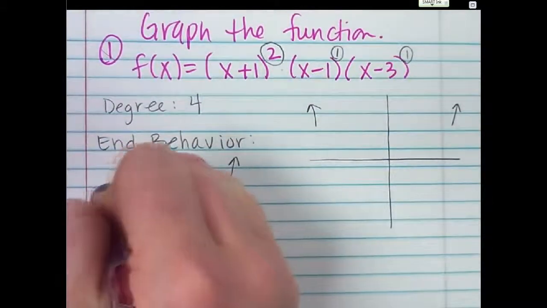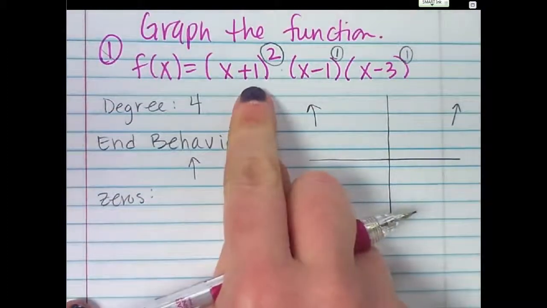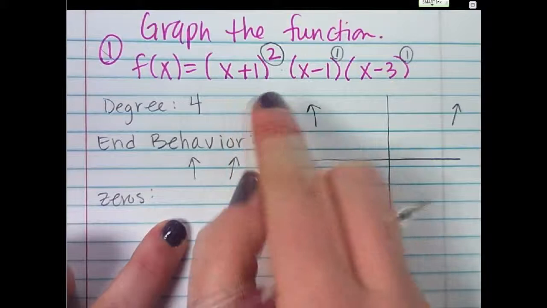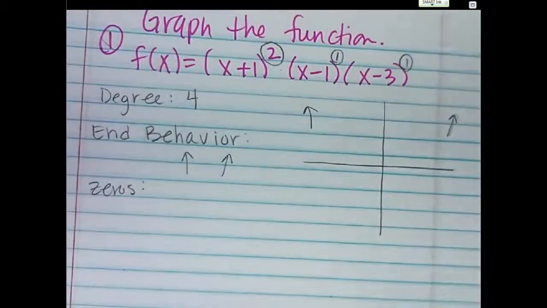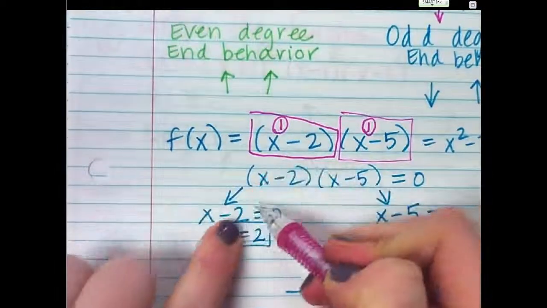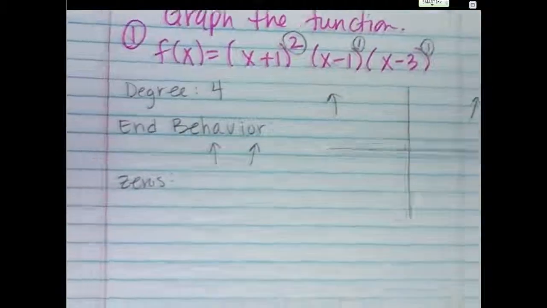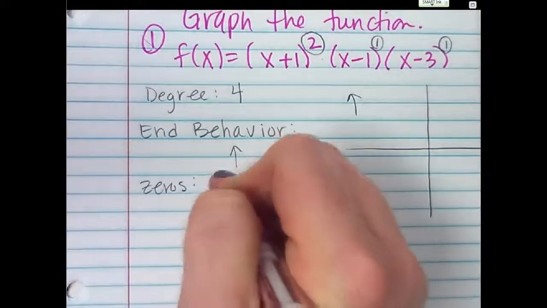Okay, second thing, the zeros. So those just come from up here. If this is x plus 1, what is my 0? Let me go back to this. X minus 2, if I actually solve it to find the 0, I got x equals positive 2. So come back here. If it's x plus 1, it's negative 1. Good.